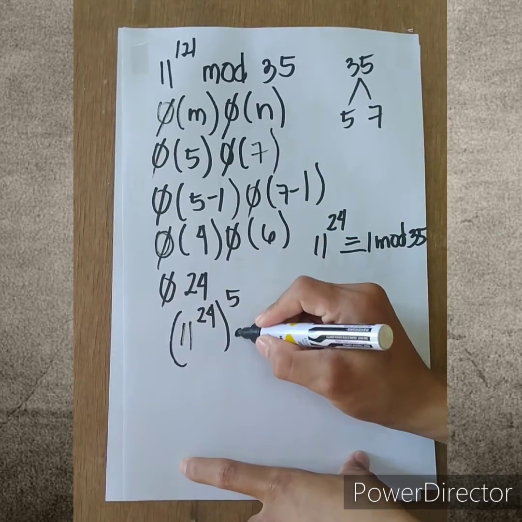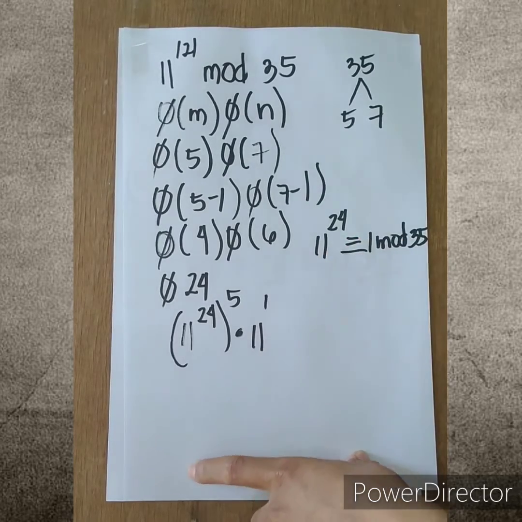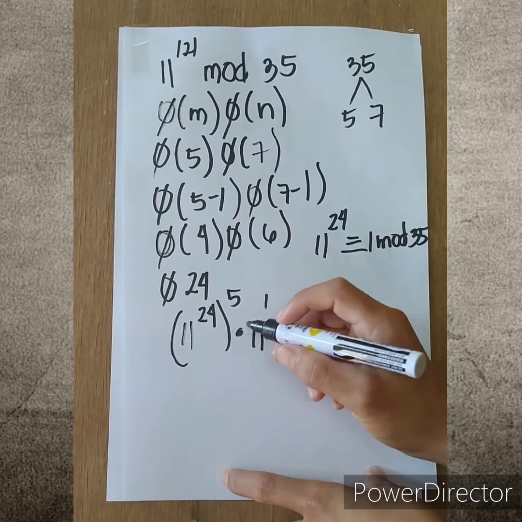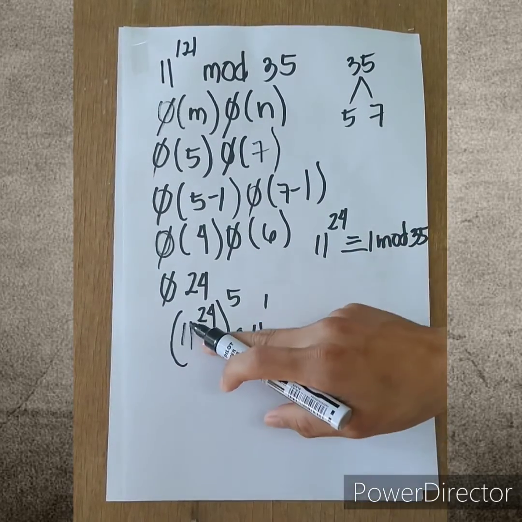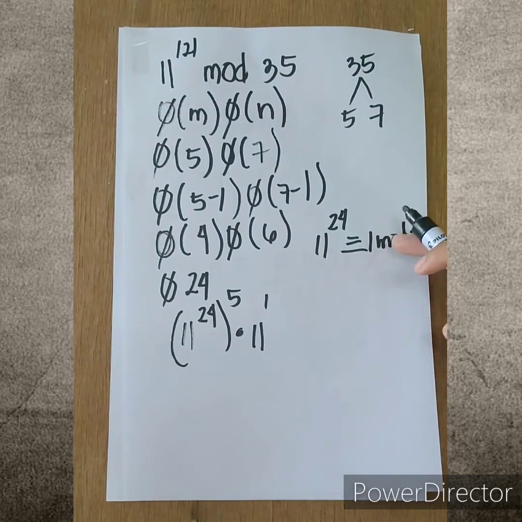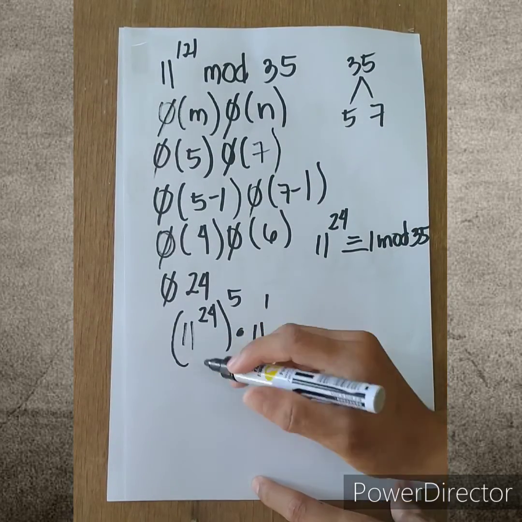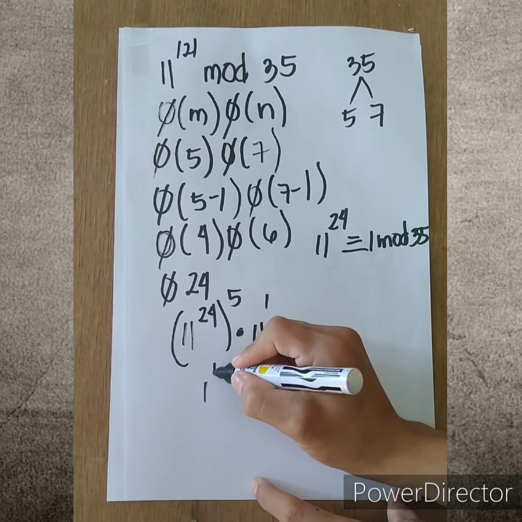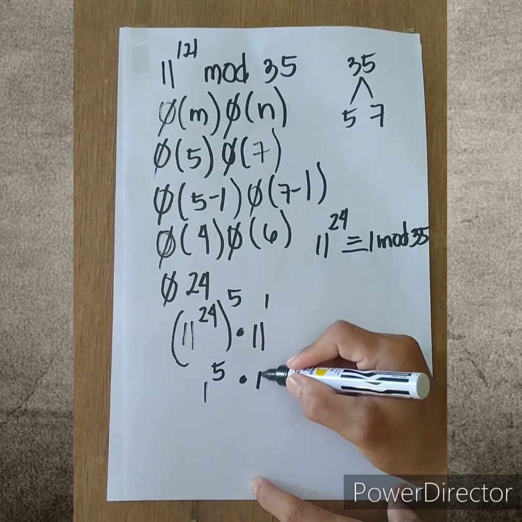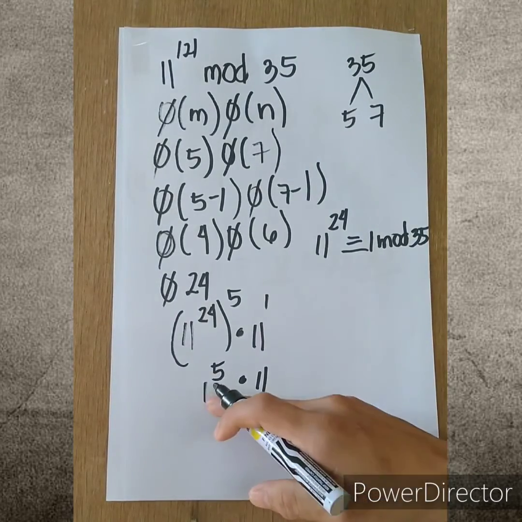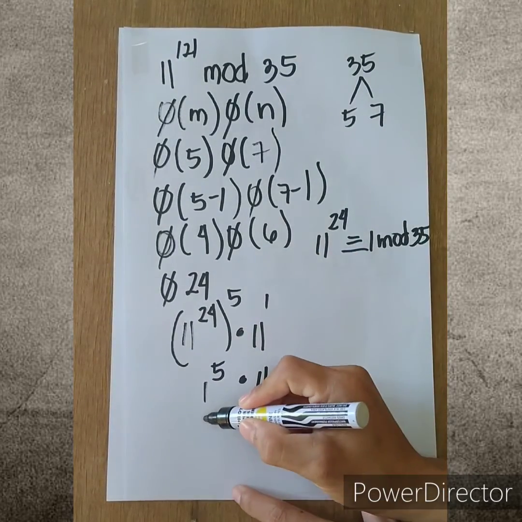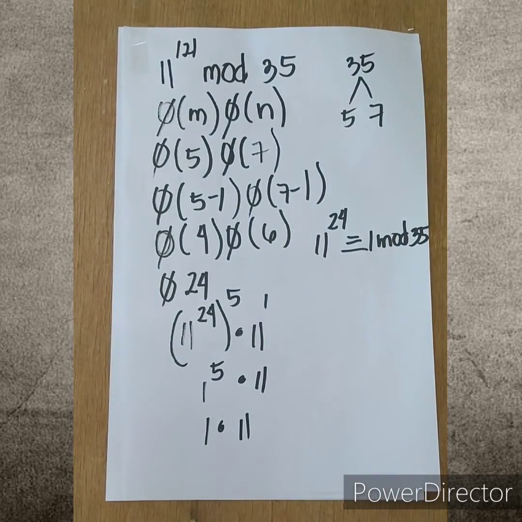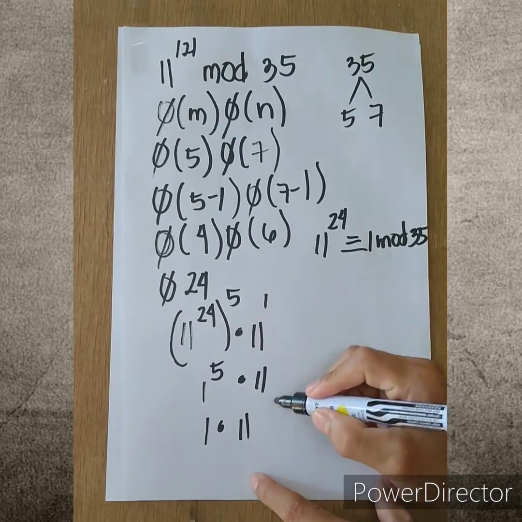So we have to multiply it by 11 raised to the first power. Since 11 raised to 24 is congruent to 1 mod 35, let us simplify this to 1. Let us write 1 raised to 5 times 11. 1 raised to 5 is just equal to 1, times 11. So 1 times 11 is equal to 11.